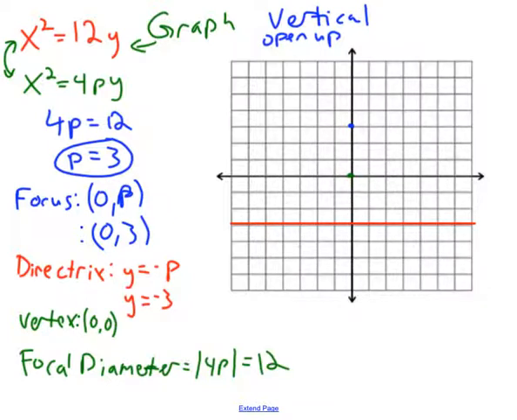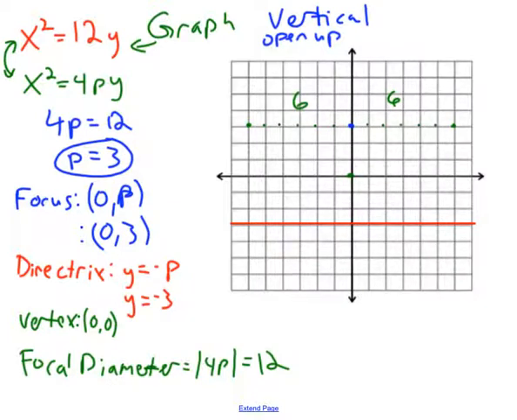So what that means is we will need to count 12. And really what it ends up being is 2p in each direction. So if the whole thing is 12, then we'll have to go 6 on this side and 6 on this side. So if here's my focus, I count 1, 2, 3, 4, 5, 6. And then the other direction, 1, 2, 3, 4, 5, 6. And there I have my focal diameter.